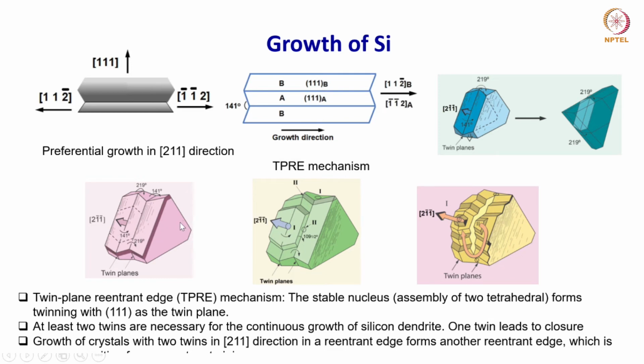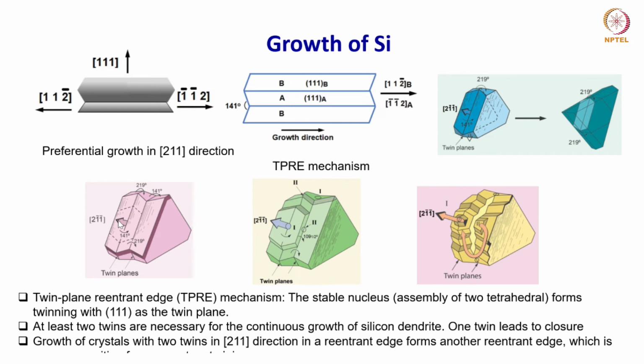Here are the two twins that you see, this and this one. These are the two twins that you have for the silicon to grow, and it is growing in this particular direction, coming out of the plane of the paper, along this direction. That's your 2-1-1 direction.